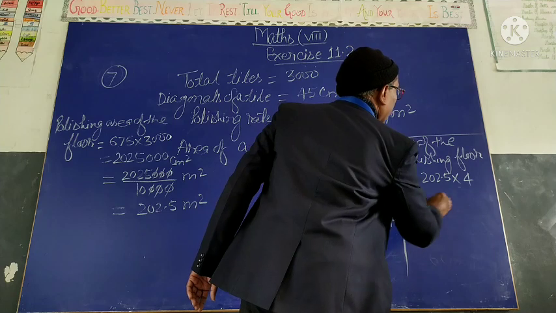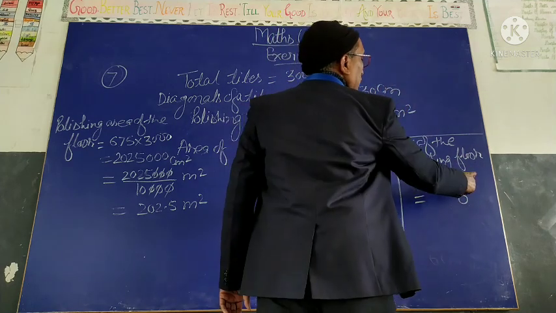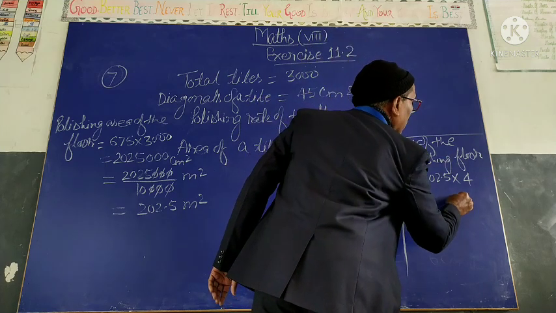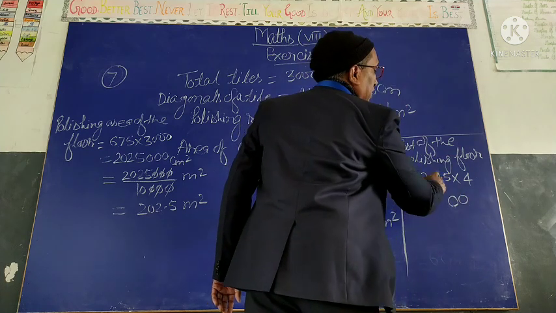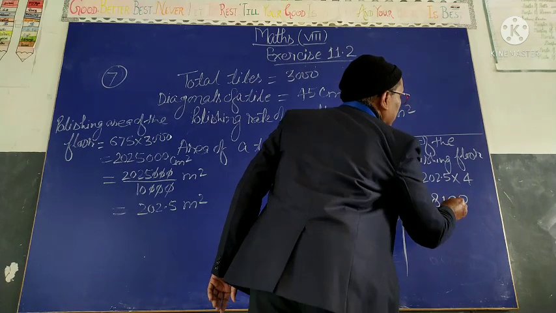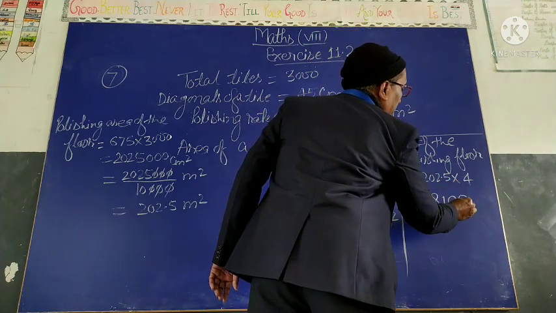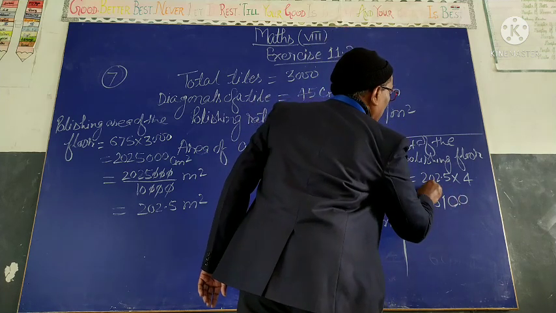You get 4 5s are 20, 0 2 carry, 4 2s are 8 and 2 10. 1 carry, 4 0s are 0 and 1 1, and 4 2s are 8. And you shift a decimal after one digit, you get 810 rupees.